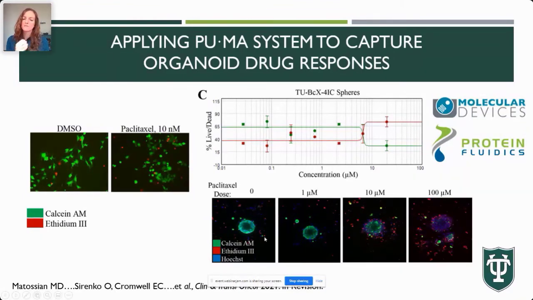And we were able to observe that at much higher doses than what's physiologically relevant, the 4IC cells were still resistant, or now the spheres. So further demonstrating that our PDX model had a highly drug-resistant phenotype. And Molecular Devices, using analysis masks, helped us to quantify these observations and really find an inhibitory concentration value.